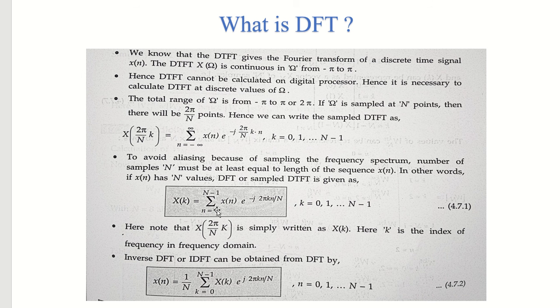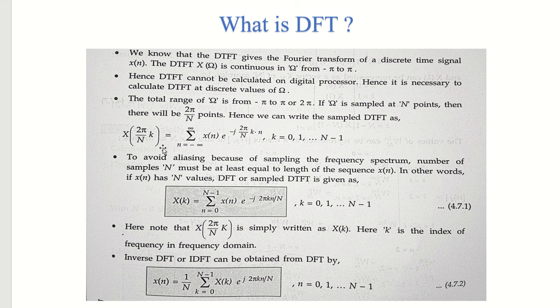And this term X of 2 pi by n into k, instead of this whole term, you can write k, right? So k is the index of frequency in the frequency domain.